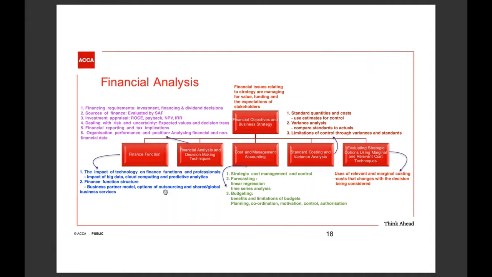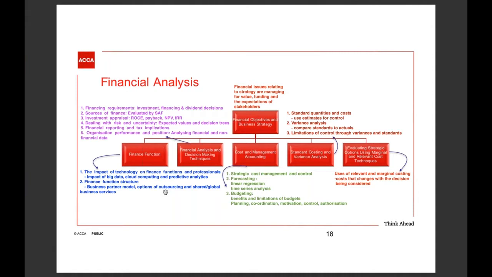Under this finance function, you must know that traditionally the finance function operates by recording transactions manually, and then with technology, people started moving towards computerized accounting, and now it is much more advanced.